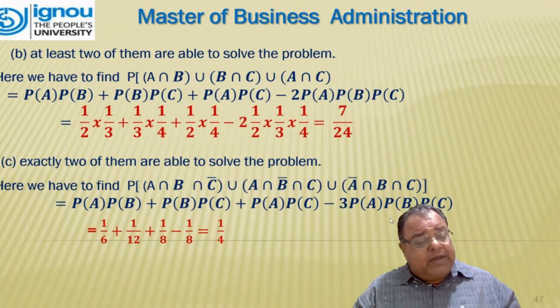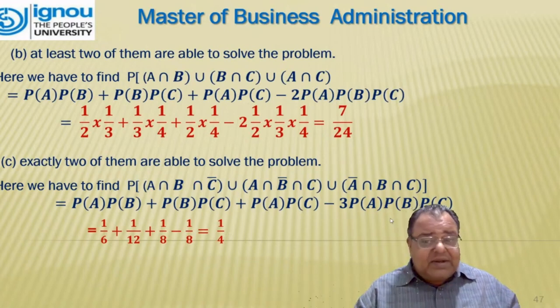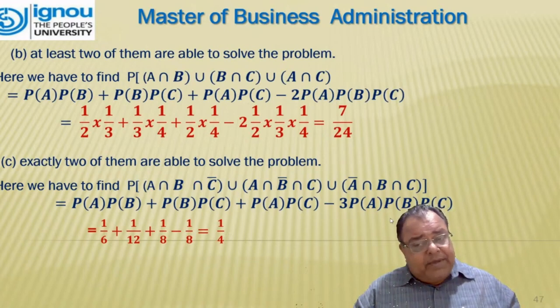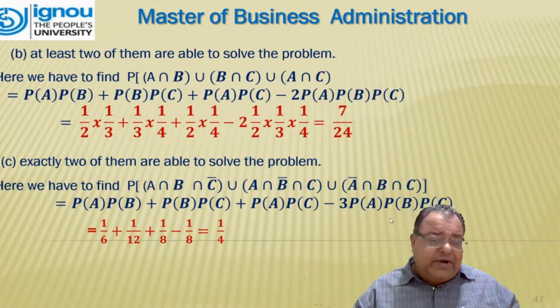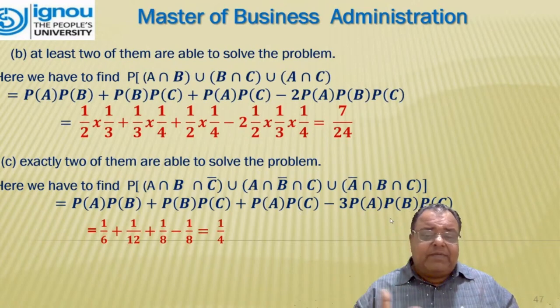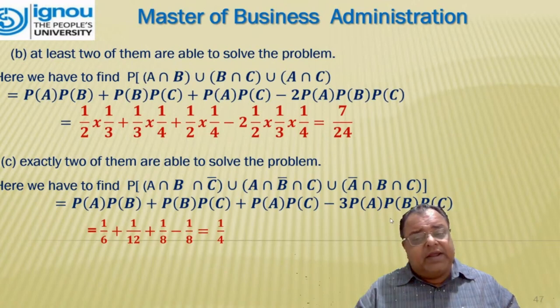A intersection B is PA into PB, B intersection C is PB into PC, and A intersection C is PA into PC. So we will be adding these up, minus 2 times PA, PB, PC. We have the different values given in the problem, so we replace these values. After calculation, we get 7 by 24.